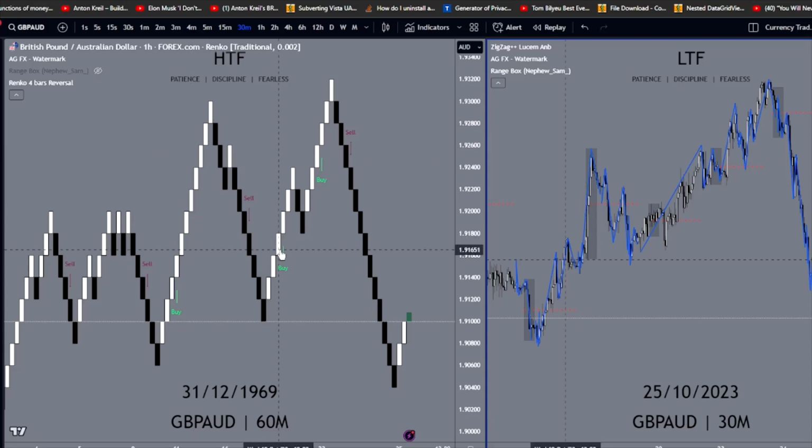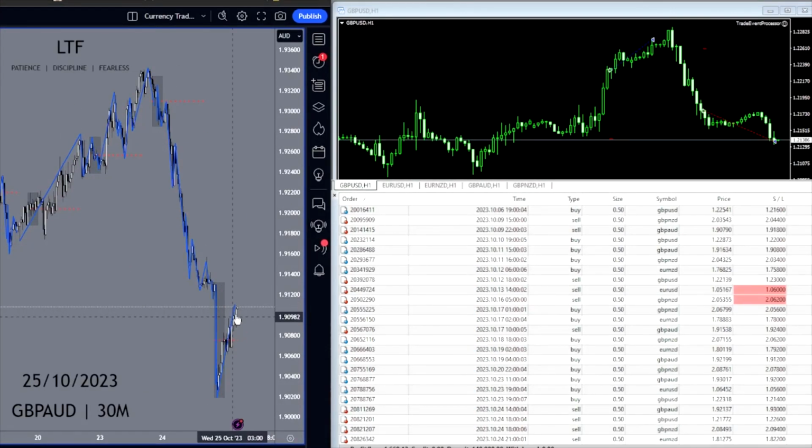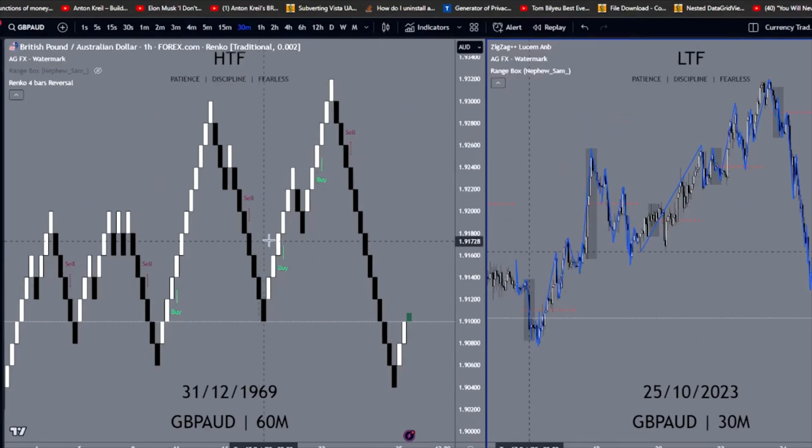So just click on this. As price is drawing in the current hour, you see this little green block just by here. It goes up and down depending on what price is doing over here, until on the hour you get a signal.